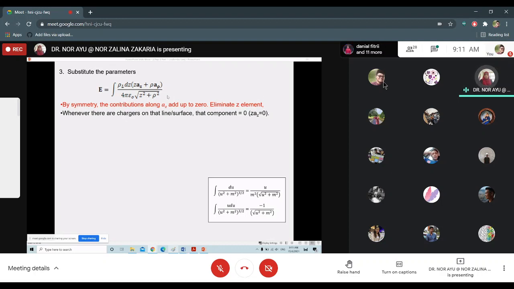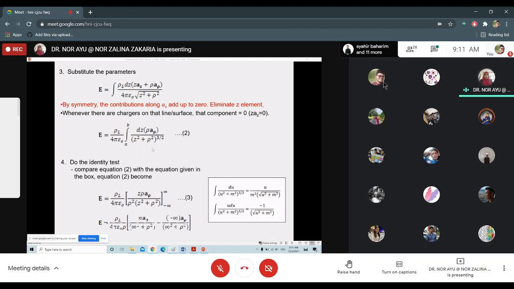Okay, so you know that before this we have rho L dl dengan R divided by 4 pi epsilon the magnitude of R. So kamu masukkan all the parameters just now into the equation. So dl will be dz. This is your R, the vector R, divide the magnitude of R. Okay. All right, so next steps.